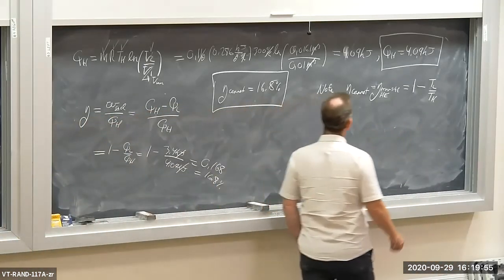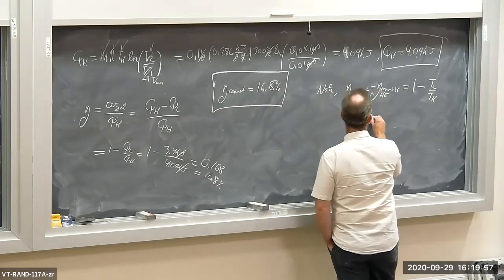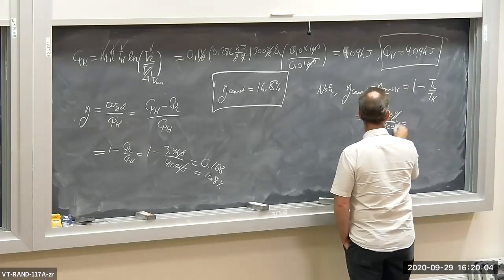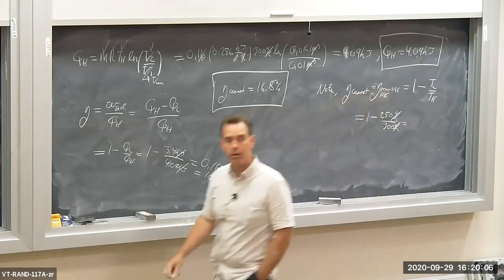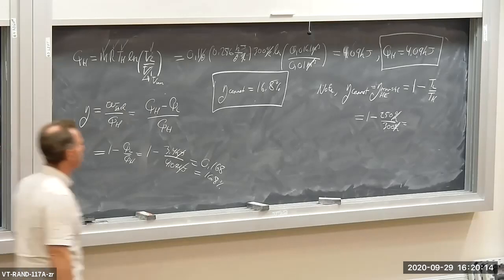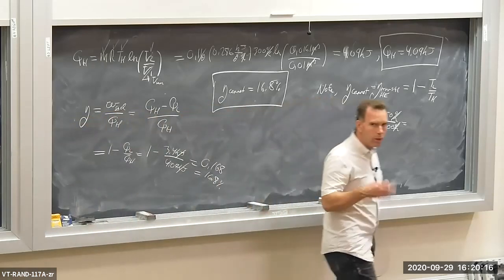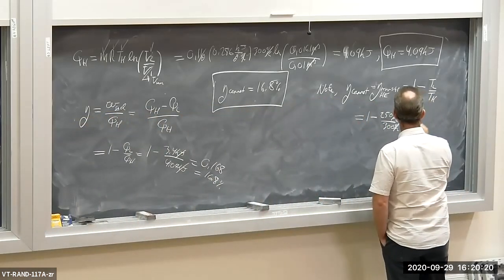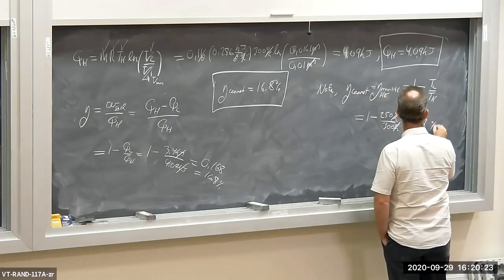In our case, we have 250 Kelvin and 300 Kelvin. The Kelvins cancel out. Again, efficiency is dimensionless. And I get an efficiency of 0.168, with a little bit of rounding going off, or if you like, 16.8%.